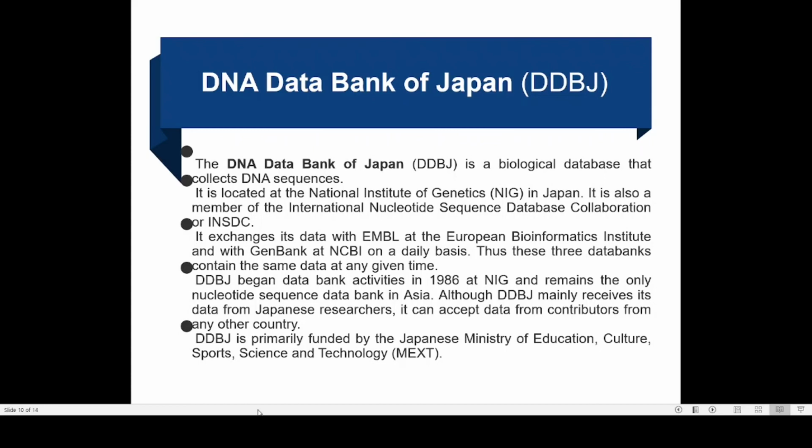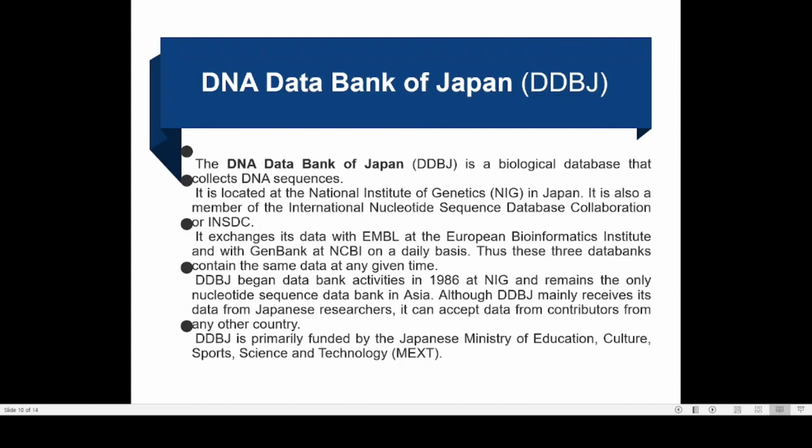Their activities started in 1986 at NIG, National Institute of Genetics, and that is the only sequence database in Asia. In India we don't have a sequence database because Indians are late starters in bioinformatics.